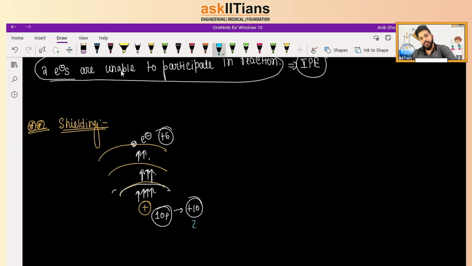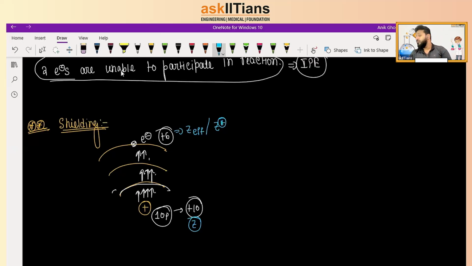Now, this particular nuclear charge is called Z, and this one is called Z effective or Z star. What the nucleus has is called nuclear charge, and what the electrons experience is called effective nuclear charge, because the rest of the nuclear charge is just going in vain because of the screening.